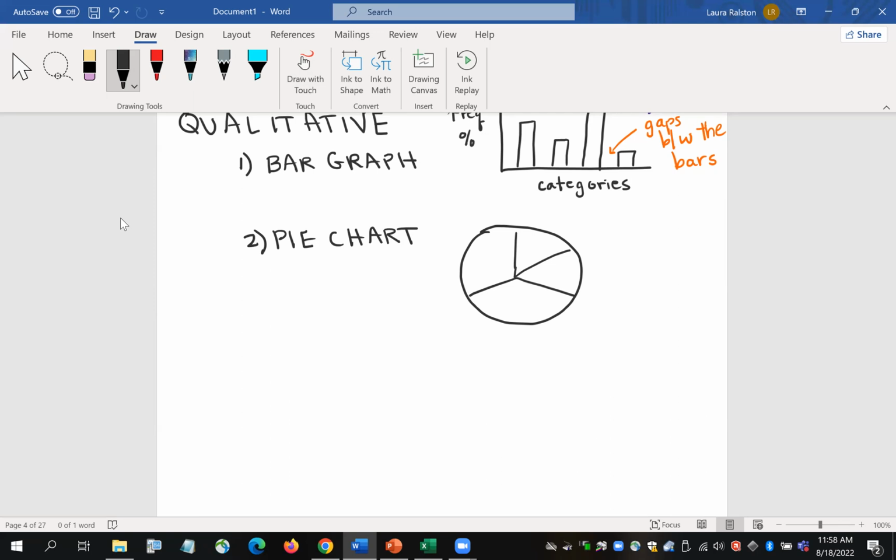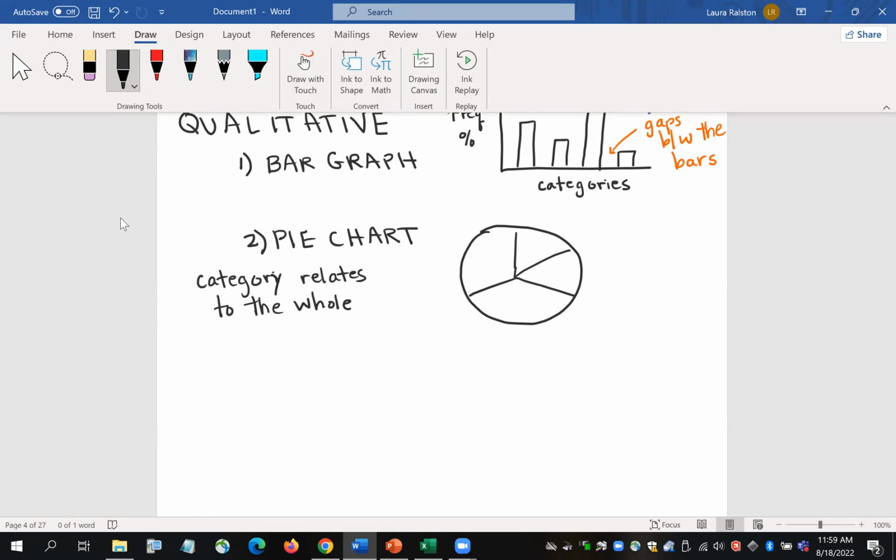Typically, the pie chart lets you see how a category relates to the whole.